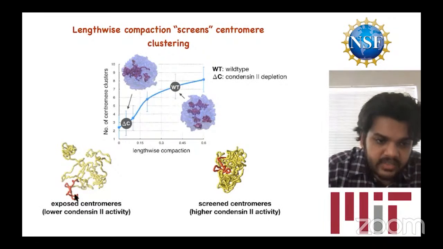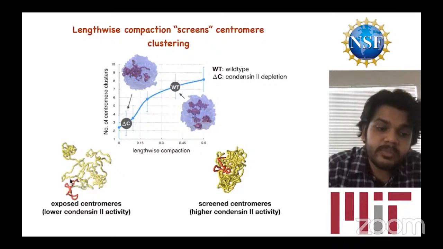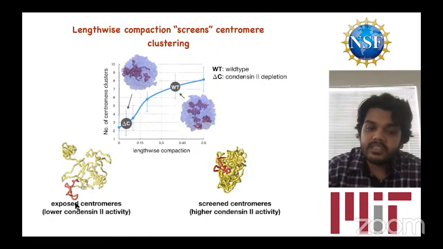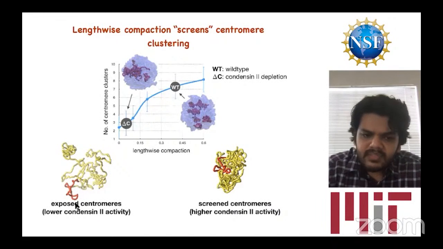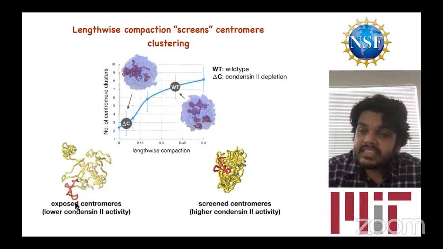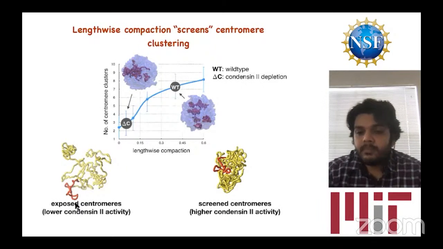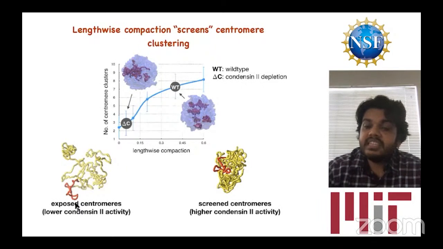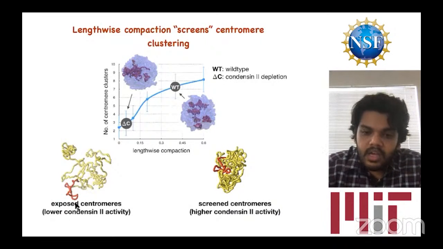Whereas where the lengthwise compaction is low, the chromosomes are much more spread out and mixed with other chromosomes, and the centromeres are exposed to interact with other centromeres. This leads to the formation of bigger clusters. And this, in principle, can act inside a chromosome as well, for screening of genomic elements that are buried deep within one compartment or the other. This kind of screening can also work in cis.